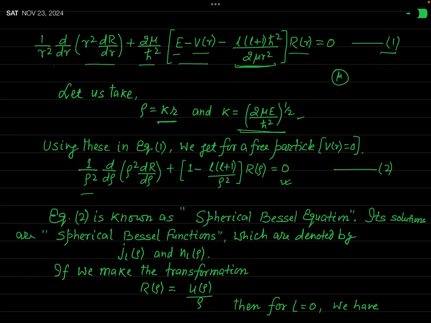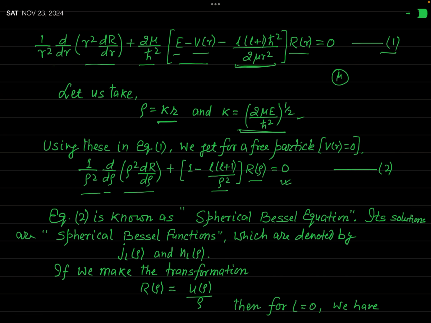This is 1 over rho squared d/d rho operated on rho squared dR/d rho plus 1 minus L times L plus 1 over rho squared, R of rho, equal to 0.